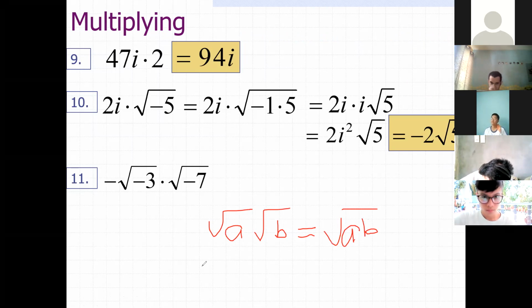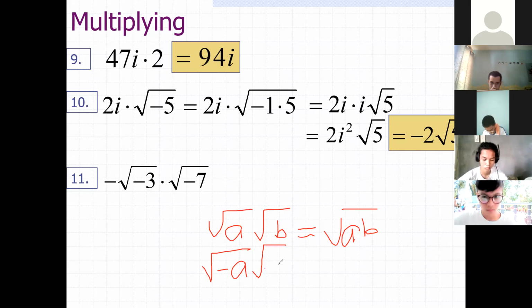But the square root of negative a times the square root of negative b, can you also say that it is equal to the square root of ab? Even though negative times negative is positive, the answer is a big no-no.